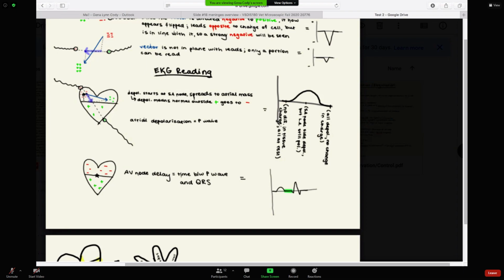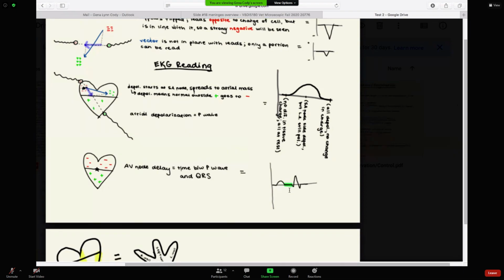Then that passes the depolarization to the AV node. For reasons unknown, there is an AV node delay. That's what we call the PR segment, even though it's technically PQ. I never really liked that, but whatever.